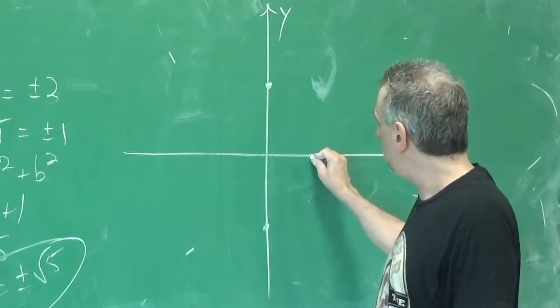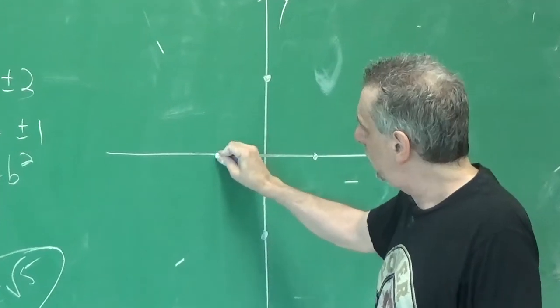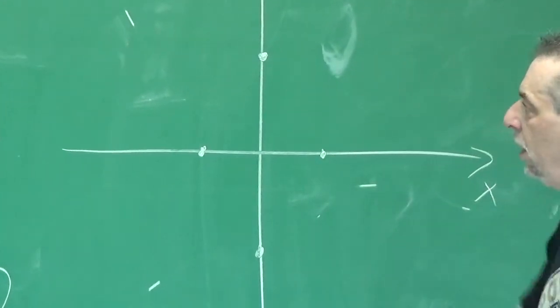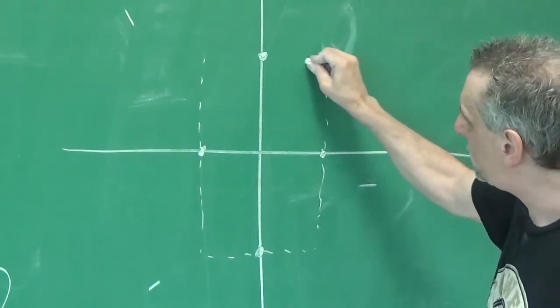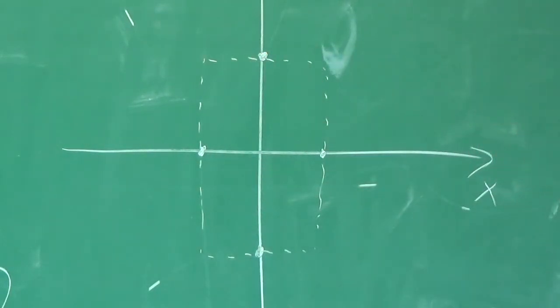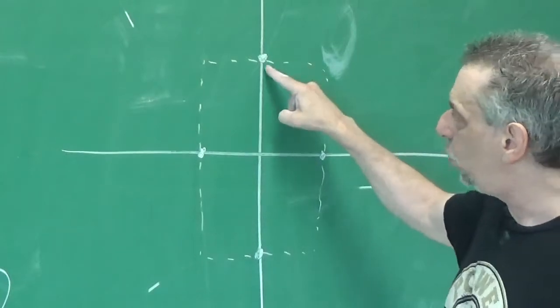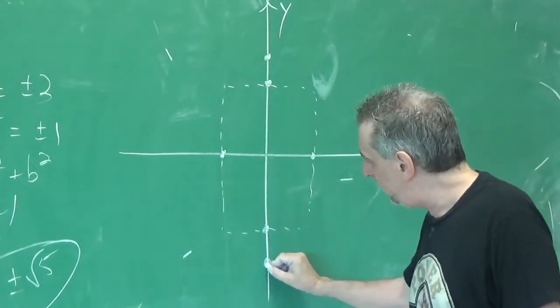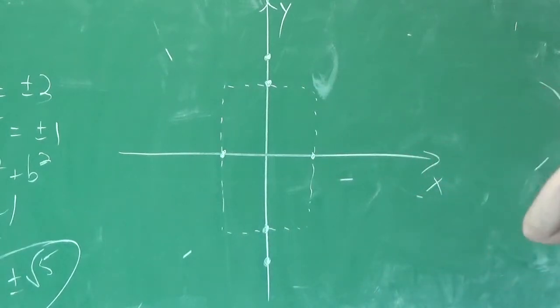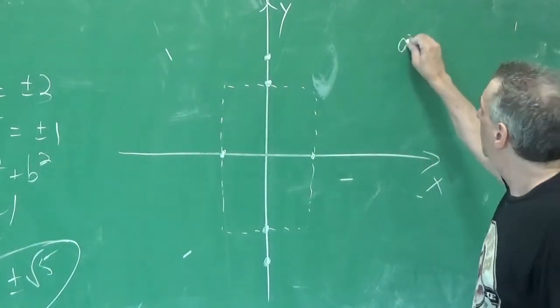B value is 1, so we got a 1 over here, negative 1 over here. Draw that little box just to practice asymptotes. All right, the c value is square root of 5, so it's a little bit more than the 2. So c value up here and another c value down here for the foci. The asymptotes.